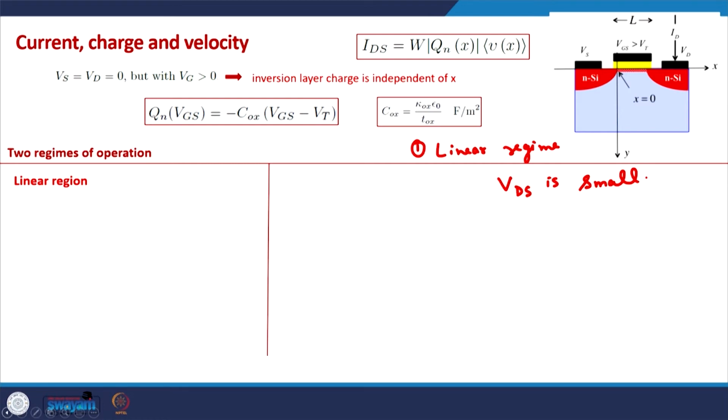So, in the linear regime, what would be the velocity of the charge carriers? From this basic relationship, the velocity of electrons, because the channel consists of electrons, will be directly dependent on the mobility of electrons and the electric field.